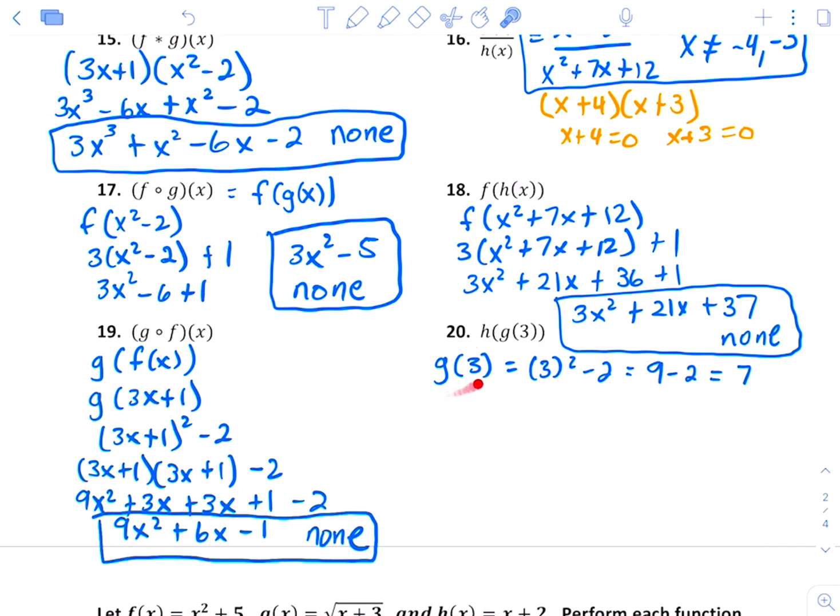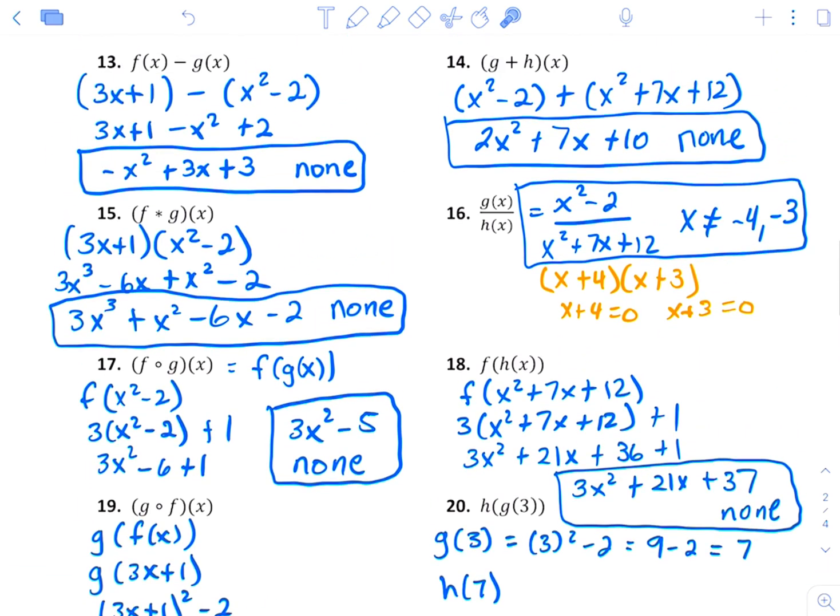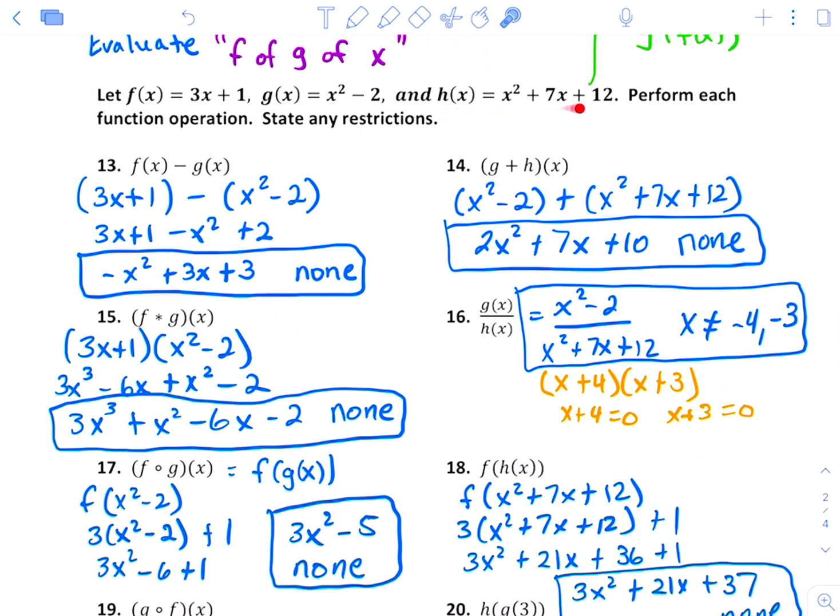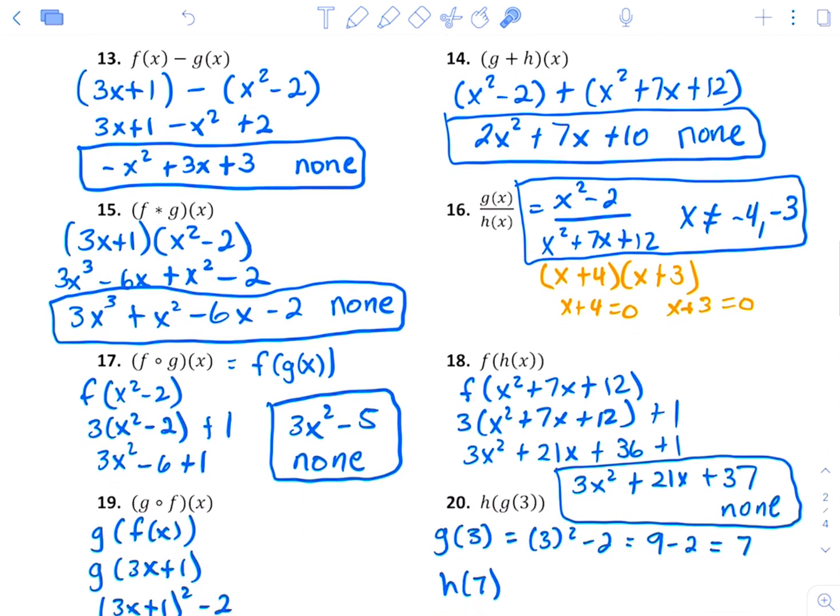So now that I know this g of 3 equals 7, that means I'm allowed to replace it in this format. So if I'm replacing this with what it's equal to, then next we are doing h of 7. So again, that tells me that in my h equation, so in this one, I'm going to replace all of my x's with that 7 and then simplify.